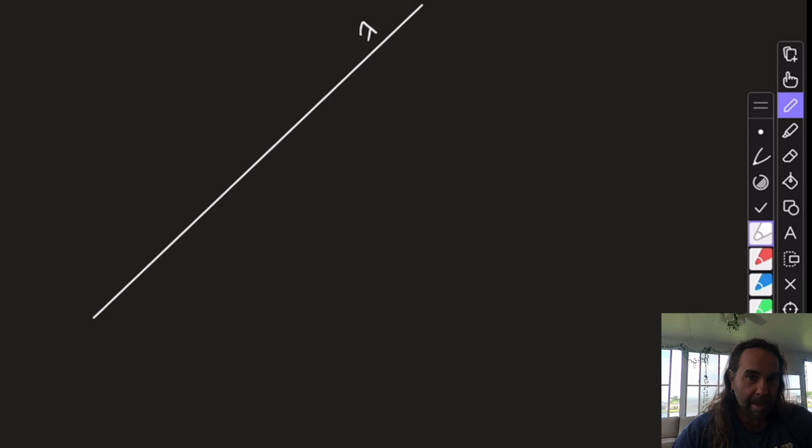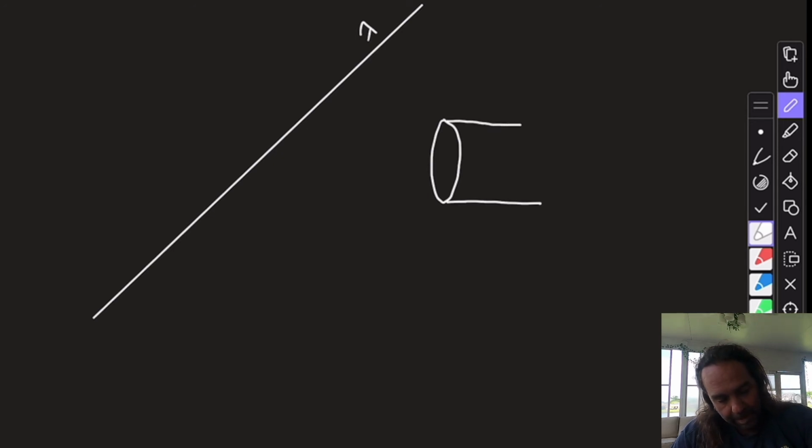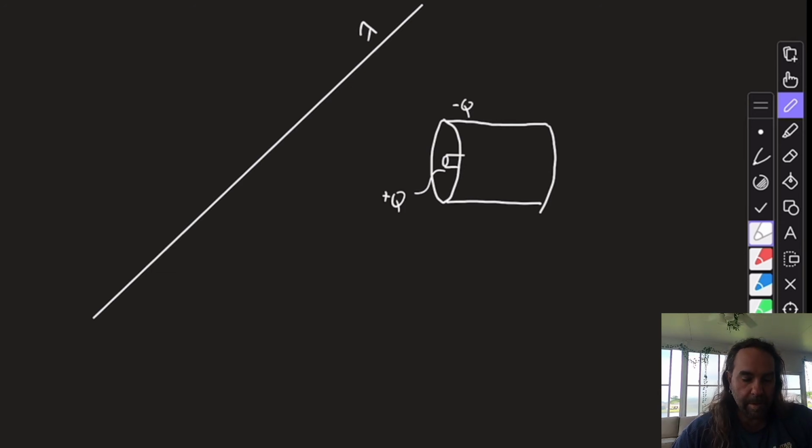That's how you're going to have to do the coaxial one, because the coaxial capacitor has an exterior cylinder and perhaps an interior cylinder, and you will be charging the exterior maybe negative Q and the interior positive Q. Usually a cylindrical capacitor has a fixed length, so the lambda is going to be Q over L.